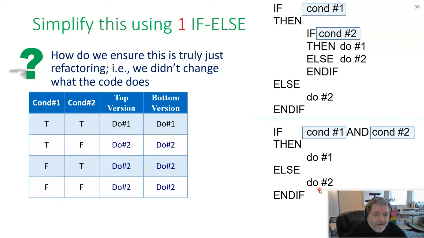So again, go to the else statement, execute do 2. And if both of them are false, which is the last case here, then of course, again, I go to the else. There's only one scenario in which I go to the first part of the if statement and execute this code, okay? All right, so I refactored code that is maybe a little bit more complex, and I proved pretty much that it's equivalent.